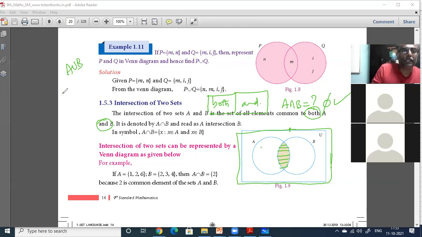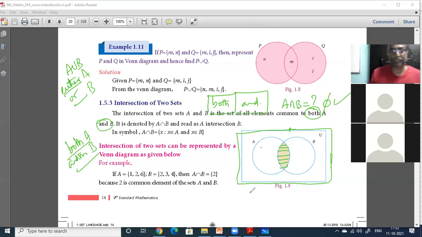Elements found either in A or in B. Here, both in A and in B, that only is intersection. So never forget this. In probability also, you will be coming up against this. So understand that.